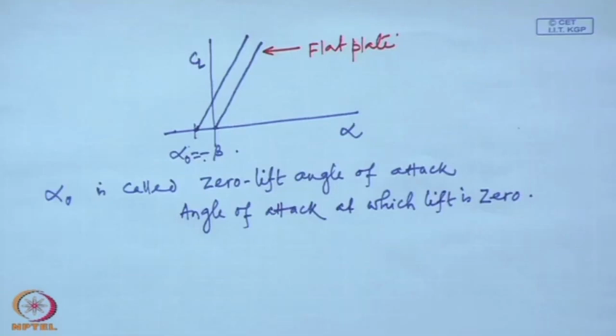For a flat plate, this alpha 0 is 0 itself. For this cambered airfoil, for the circular arc airfoil, it has become minus beta.